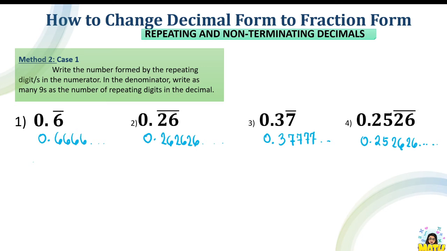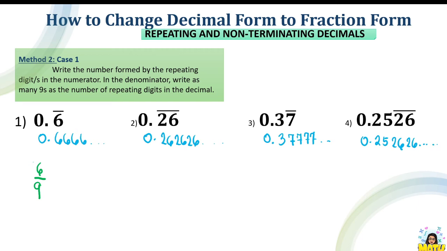So ano nga ba yung repeating digit dito sa una? That is just 6. And then in the denominator, write as many 9s as the number of repeating digits in the decimal. So ilan nga ba yung nagre-repeat dito? Isa lamang. So isa lang yung 9 na isusulat natin.